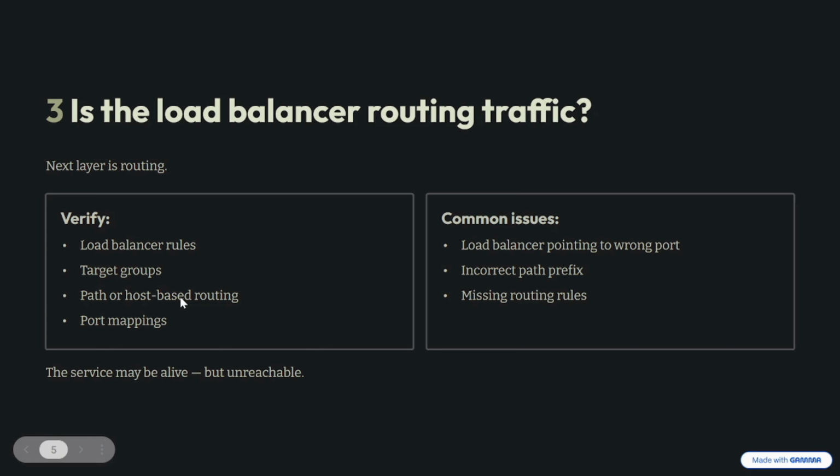Very common issues are: the load balancer pointing to the wrong port, a wrong path prefix, the host rule not matching, or the target group having zero healthy instances. From the outside, it looks like the service is down, but inside it is just unreachable.